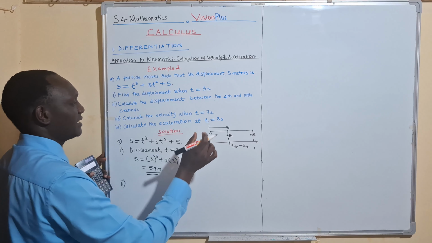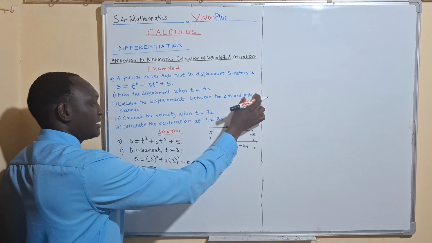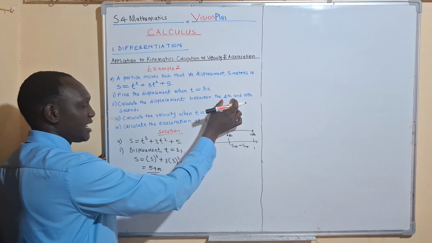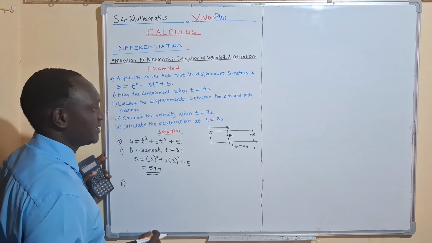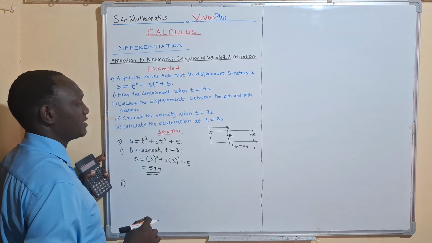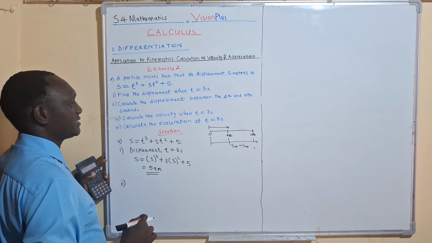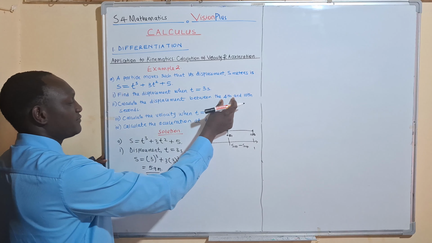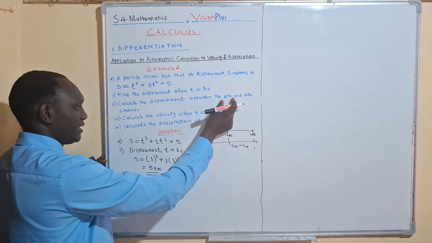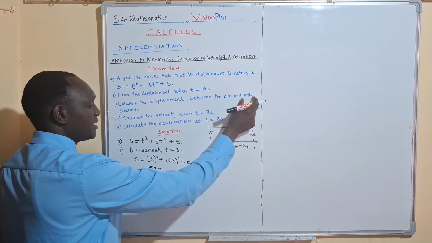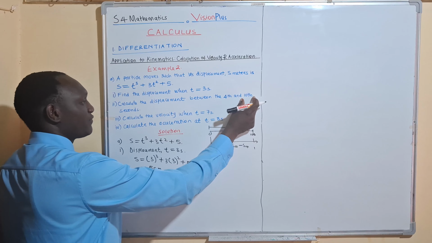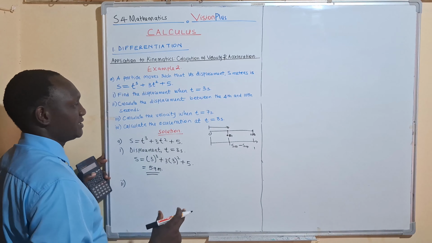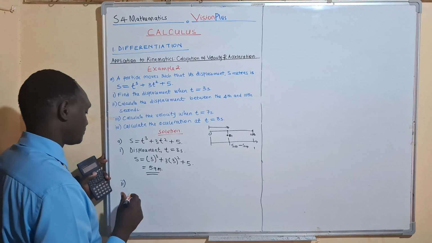We get the displacement at time 10 seconds, then the displacement after 4 seconds, and then we get the difference in the two displacements.